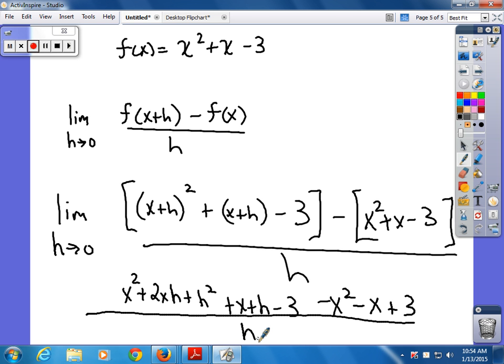Okay, the x squareds cancel. Minus x and the plus x cancel. Minus 3 and the plus 3 cancel.